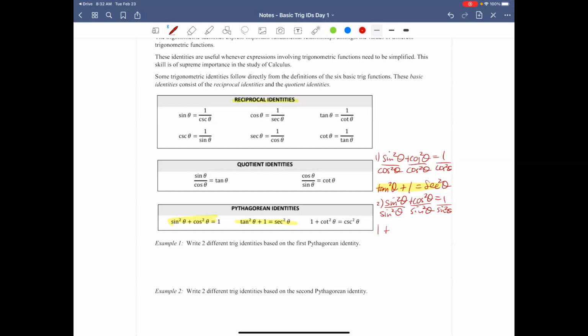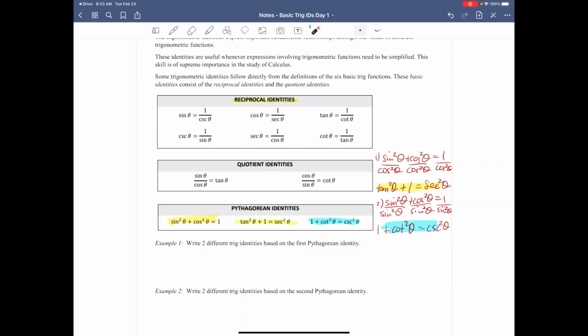Cosine squared divided by sine squared, using this quotient identity right here, is going to be cotangent squared of theta, and then 1 over the sine squared of theta, going back to this reciprocal identity here, is going to be the same thing as cosecant squared of theta. And so again, we can see that this matches up perfectly with this third identity right here.